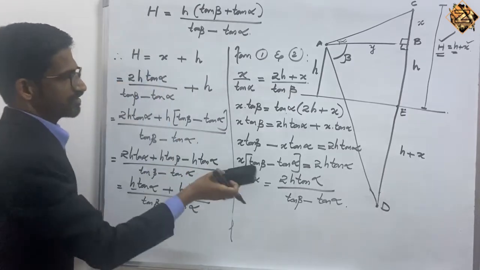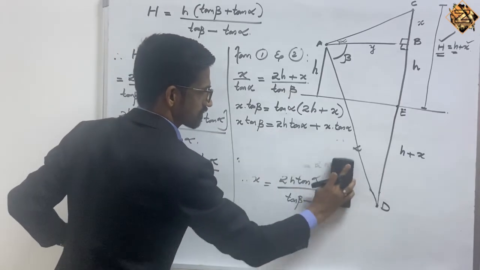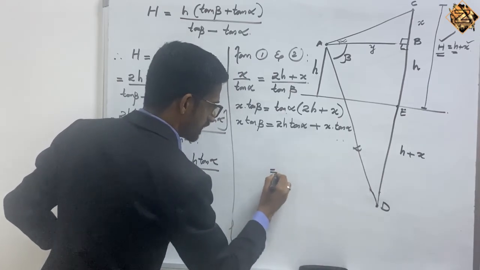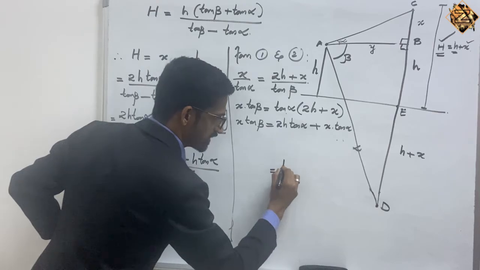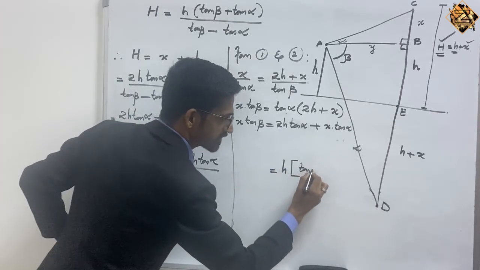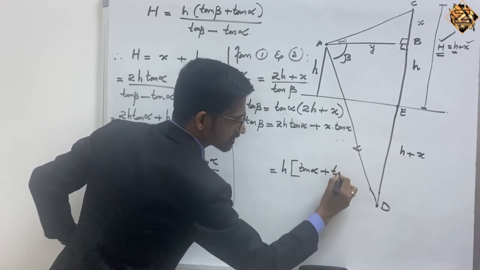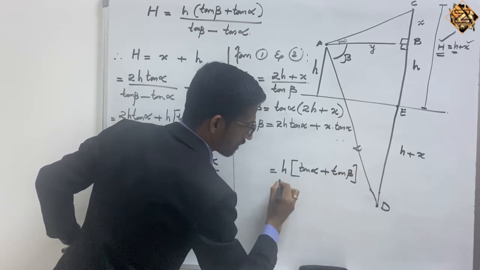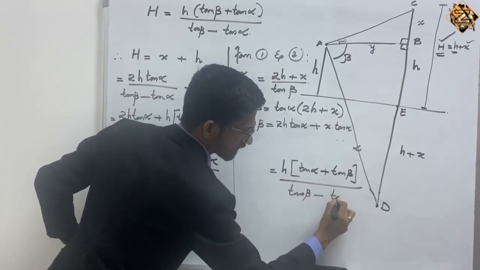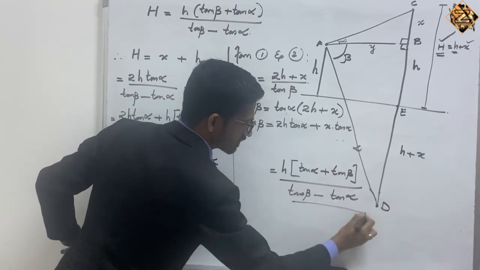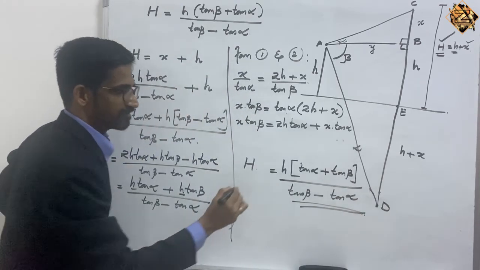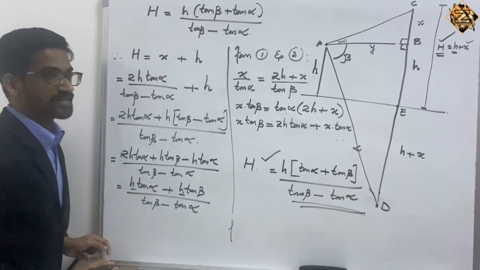So finally the value equals h into tan alpha plus tan beta by tan beta minus tan alpha. So this is the required value of the height of the cloud. Hope it is clear. Please take it to your notebook, students.